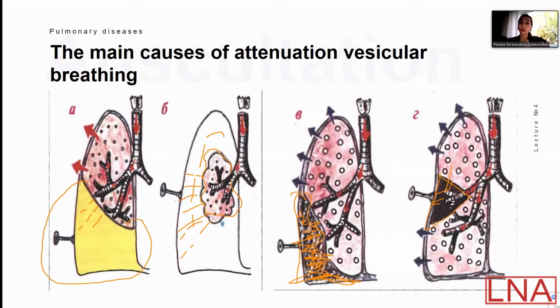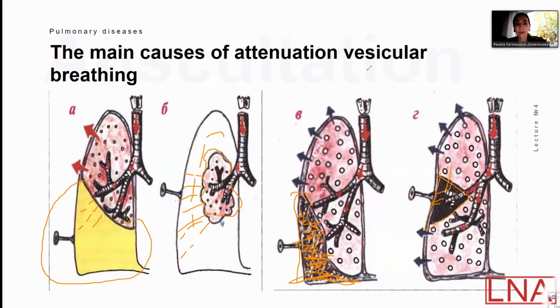So it's also a reason of attenuation of vesicular breathing. So emphysema of the lungs, yes, swelling of the alveolar walls, due to inflammation, hydrothorax, pneumothorax, fibrothorax, and obstructive atelectasis. These are the main reasons of pathological attenuation of vesicular breathing.